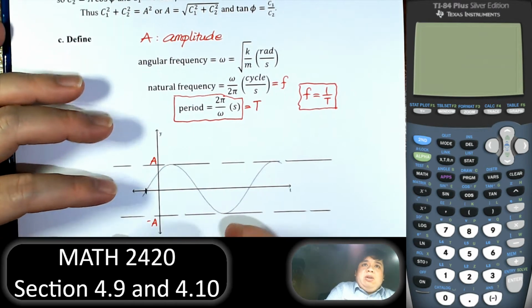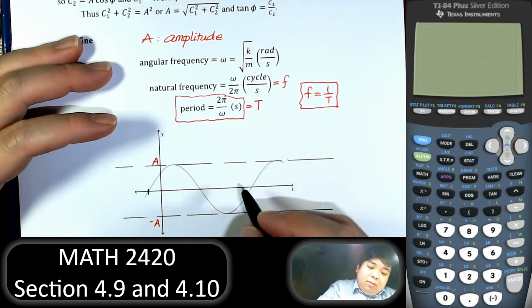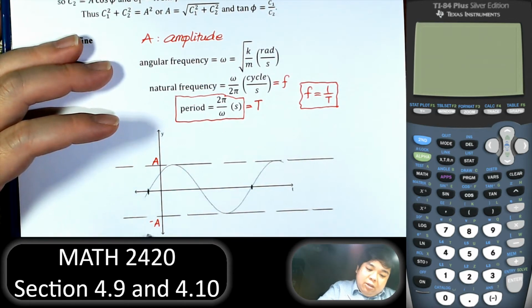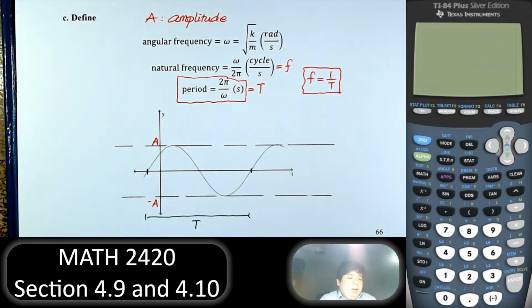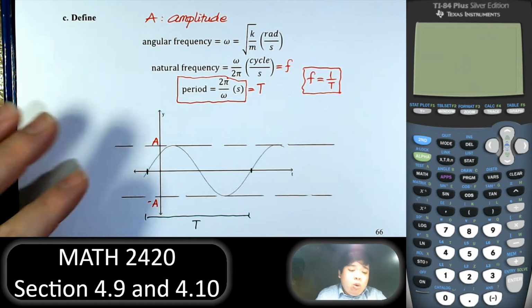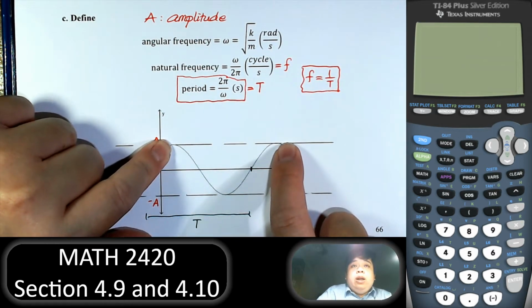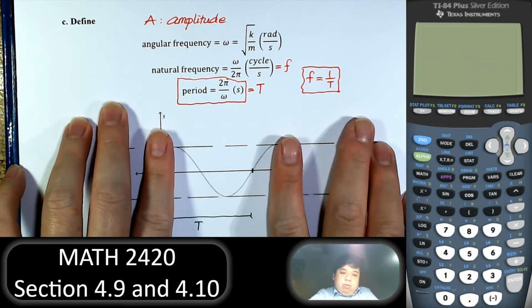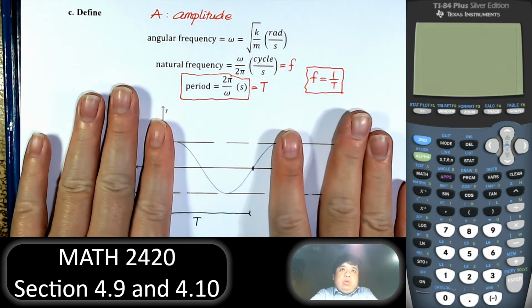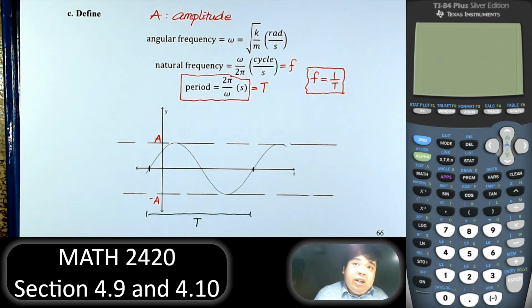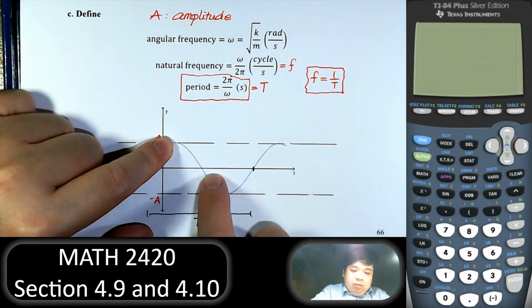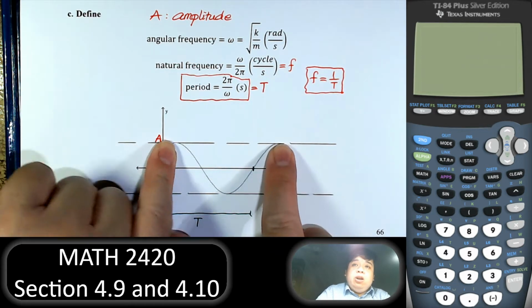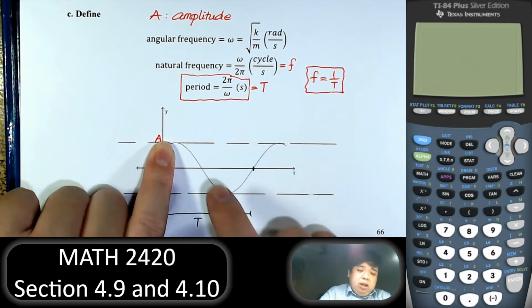Of course, a period is the length, but just say it will be this much. That is a period. Of course, you can say the period also can go from this point to this point. The idea is the period is where the graph repeats itself. So if we just have that part, we just copy and paste, we'll have the whole graph. So whenever the graph repeats itself, it not only repeats the values, but repeats the pattern.